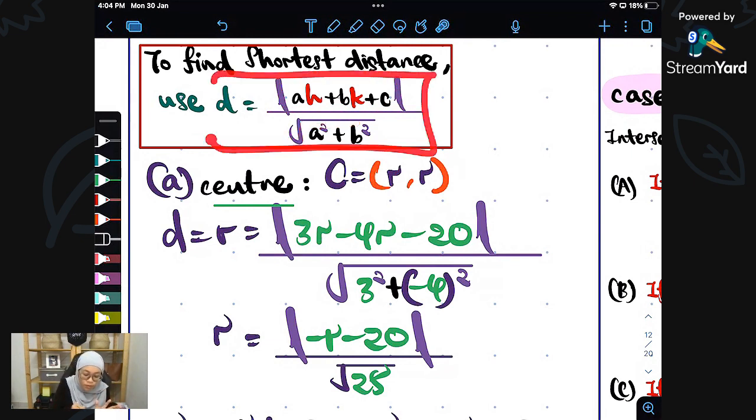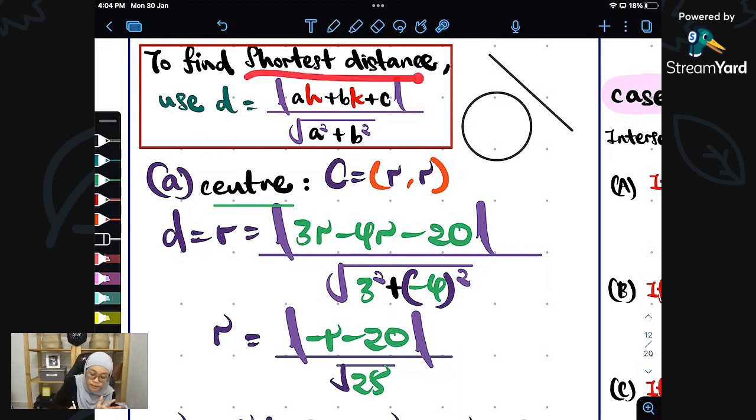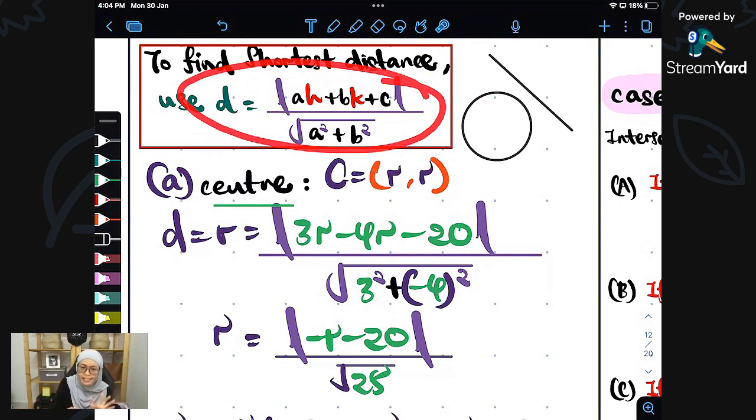This is a formula that is very important because it is for those questions that have a circle and a line. Particularly this formula is for a circle and a line.